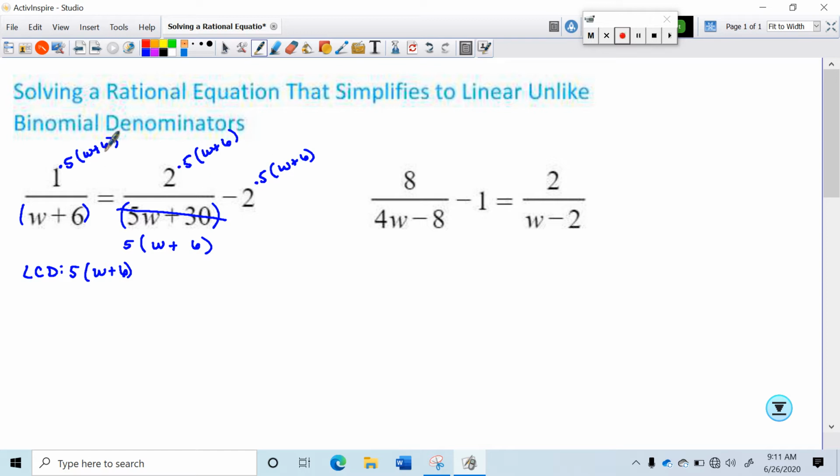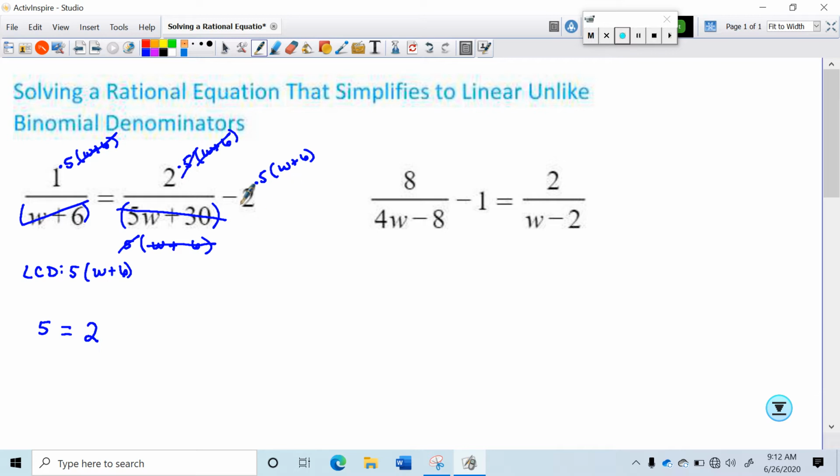Okay, so any factors on the top cancel with the bottom if they are the same. So W plus 6 cancels with W plus 6. So there I have 1 times 5 left, which is 5. Bring down the equal. W plus 6 cancels with W plus 6, and 5 cancels with 5, so that's just a 2 left over.